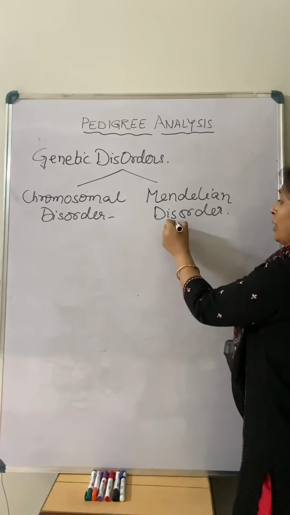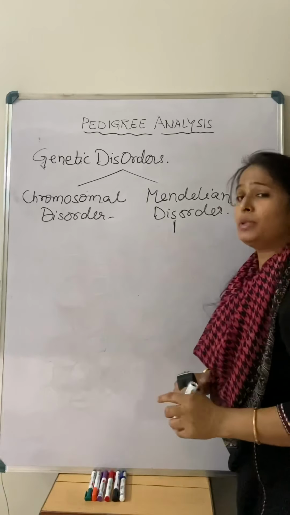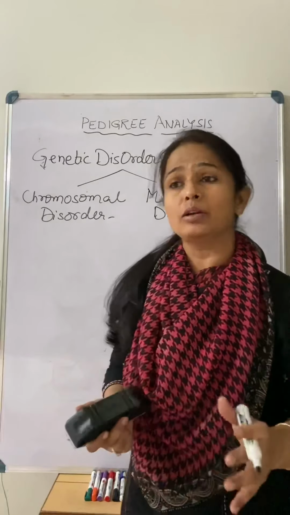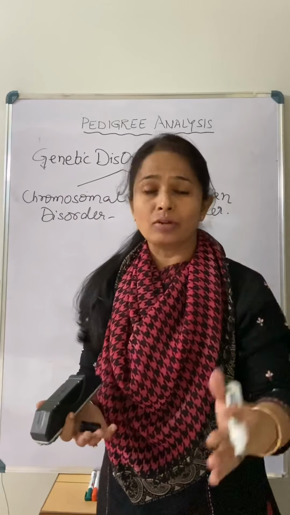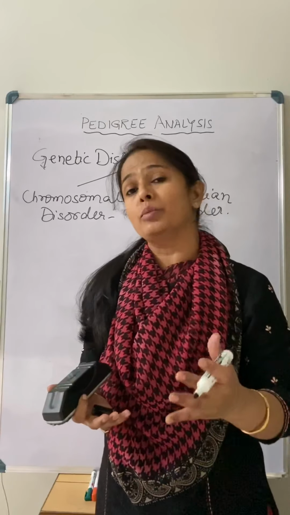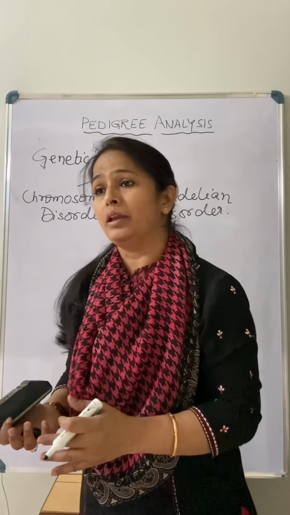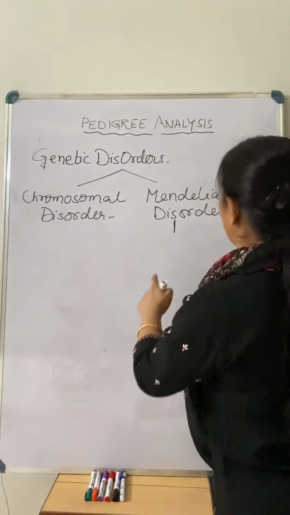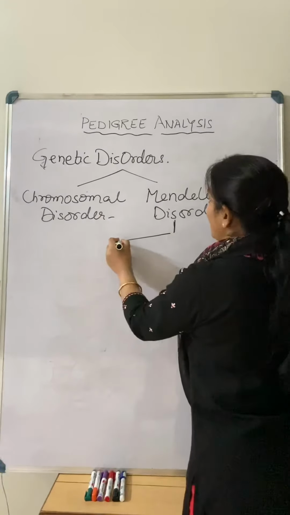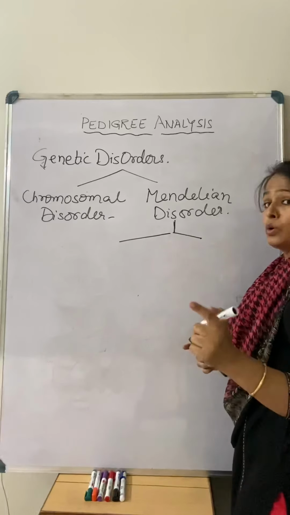Now again, if we talk about Mendelian disorder, we are talking about changes in the base pairs of the DNA, or basically the genes, and that again relates to chromosomes.